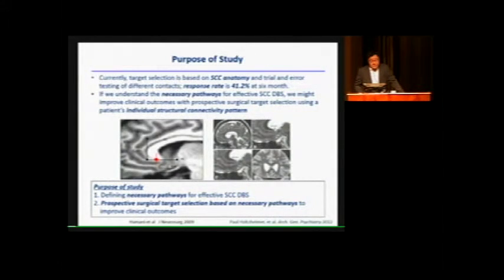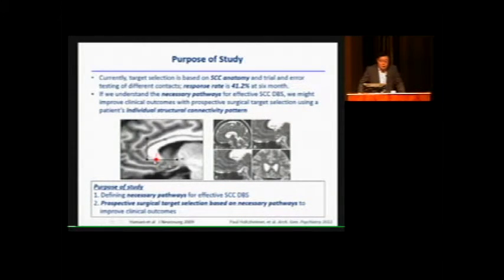Currently, target selection is based on SCC anatomy, as I showed you before. We look at where the ACPC line is and how far from the ACPC line, look at the T1 image, and decide where to put the electrode.